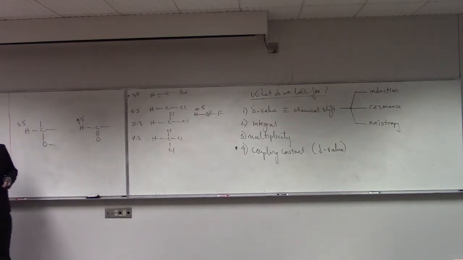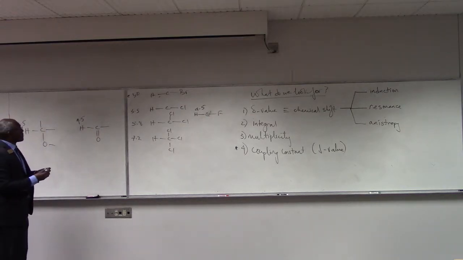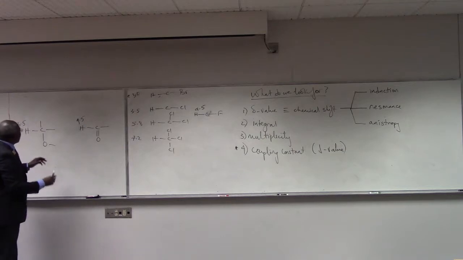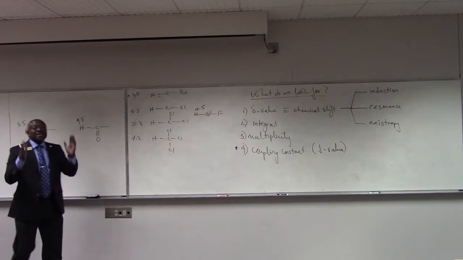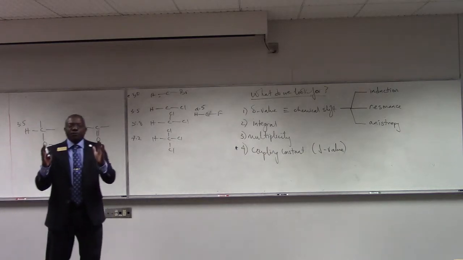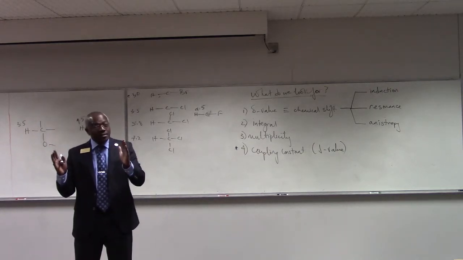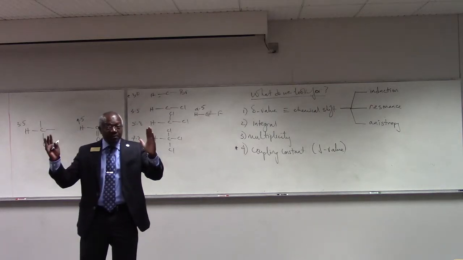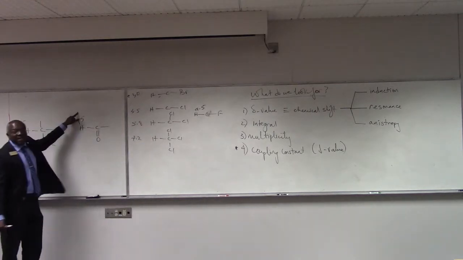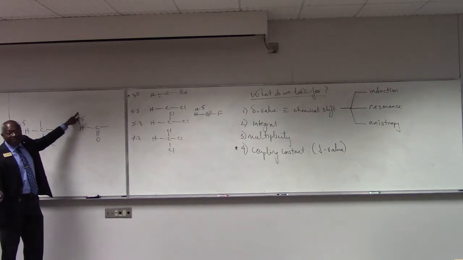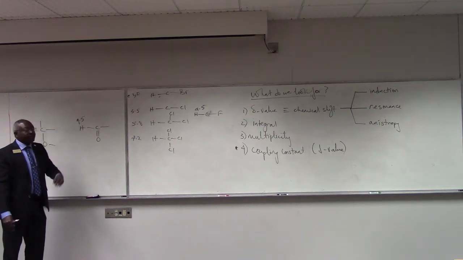Now, it turns out there are two different factors in operation here. But certainly, there's a huge difference. And considering that the entire spectral window for proton NMR is 12 units, run from 0 to 12 for most organic compounds, that difference is half the entire window. I mean, that's massive.